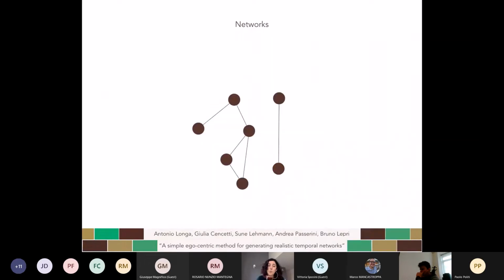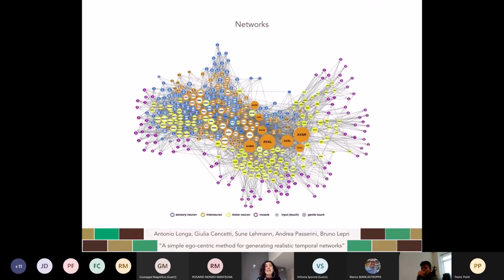So, one of the most important problems in network science is to understand the network topology, which is not difficult when we have a simple network like this, but real networks are more like this. And in this case, it becomes very, very difficult to understand which is the structure of this topology.